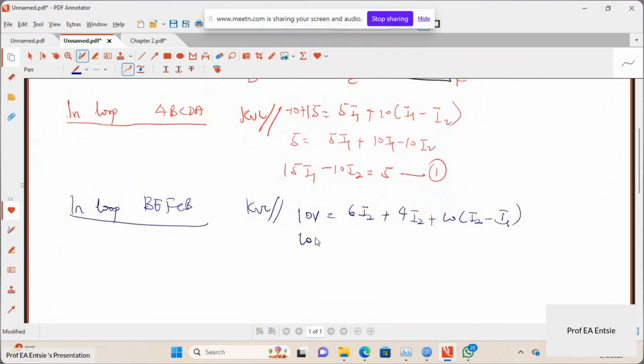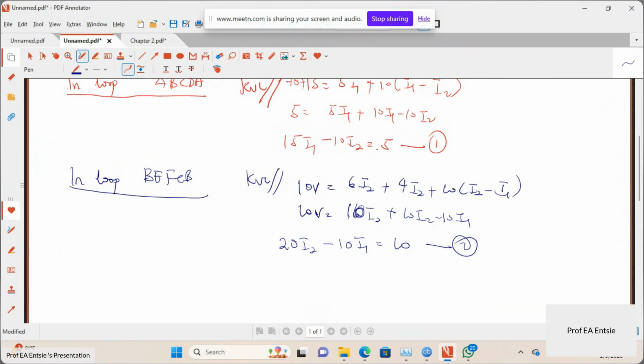So I get 10 volts equals 10I2, because 6 plus 4 is 10, plus 10I2 again minus 10I1. At the end of the day, I'll get 20I2 minus 10I1 equals 10. This is equation 2.